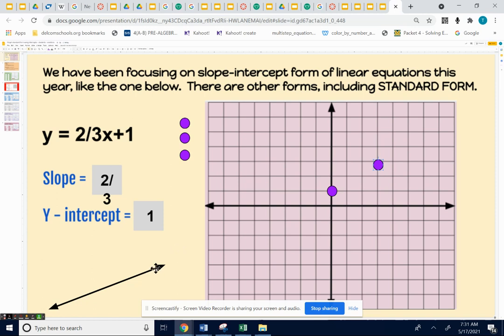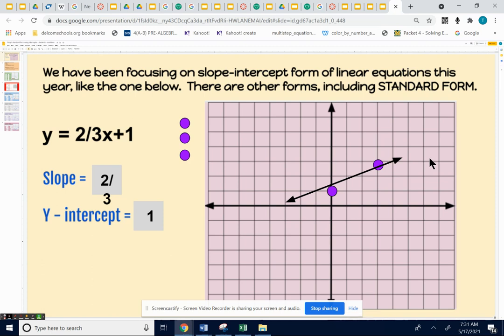You've been doing that all year, basically. Try to draw a line through those 2 points. Well, close enough.